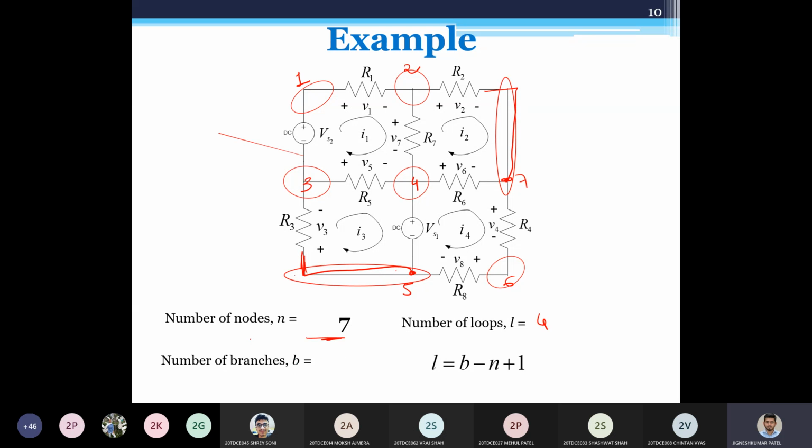And now the number of branches. What is the total number of branches available in the network? 10. How 10? Can someone explain? Let us start from here.